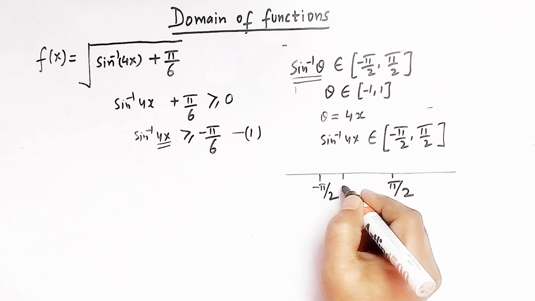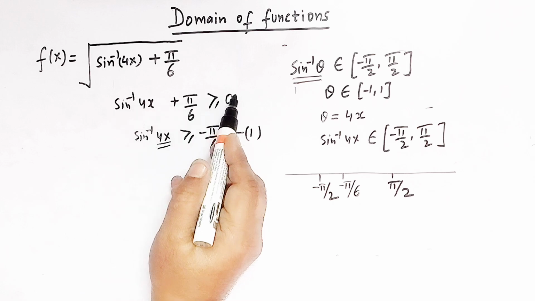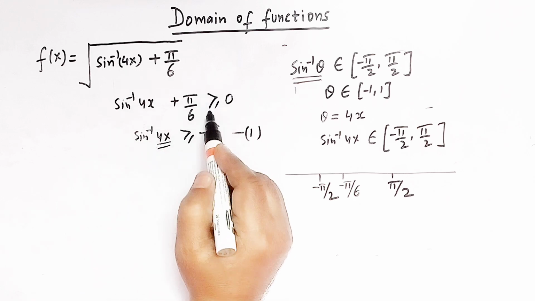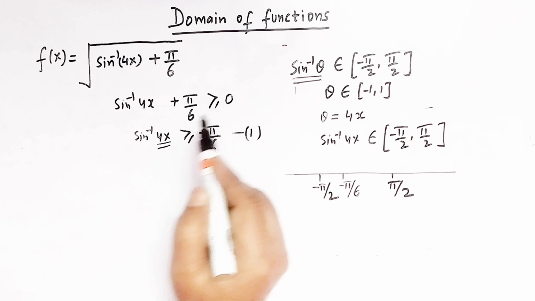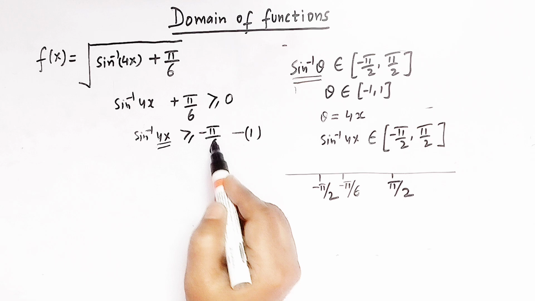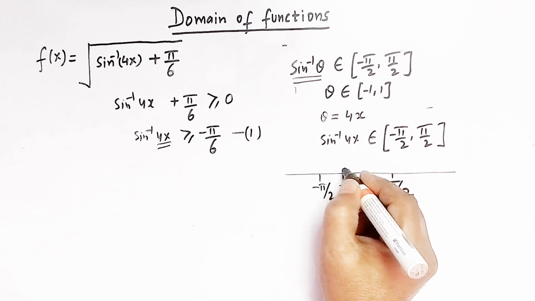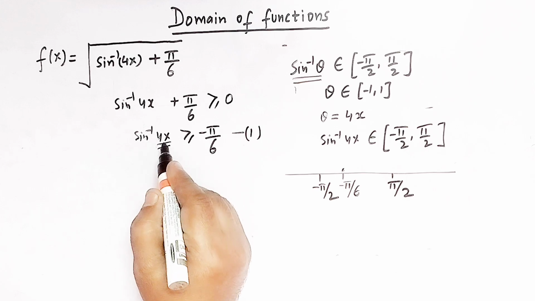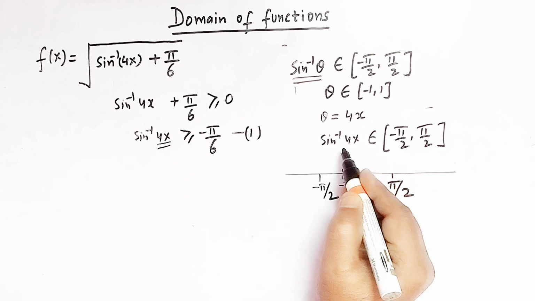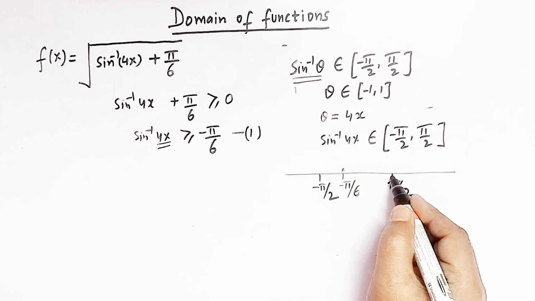To fulfill this condition, sine inverse 4x plus pi by 6 should be greater than or equal to 0, so sine inverse 4x should be greater than or equal to minus pi by 6. So the minimum value of sine inverse 4x should be minus pi by 6, and sine inverse 4x can go up to pi by 2, right?